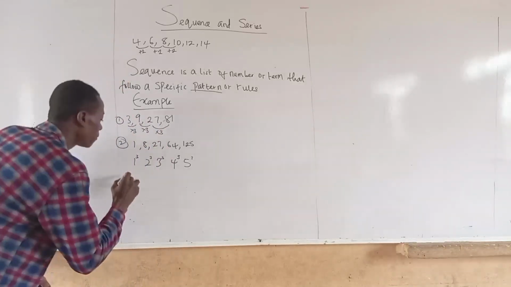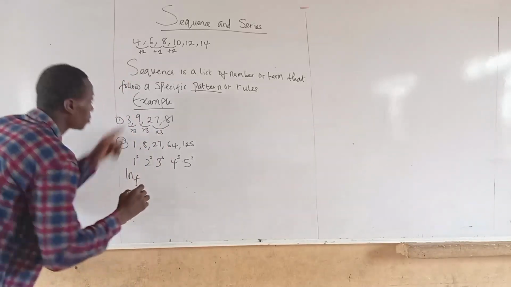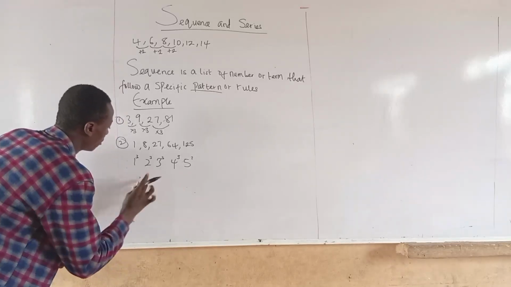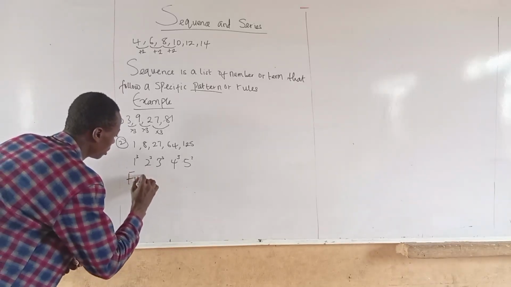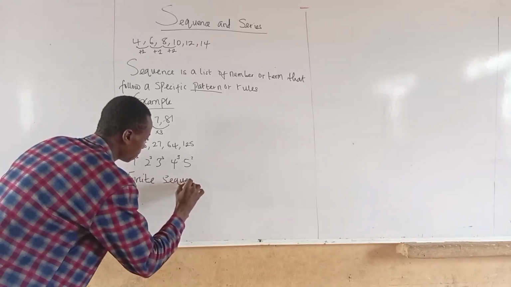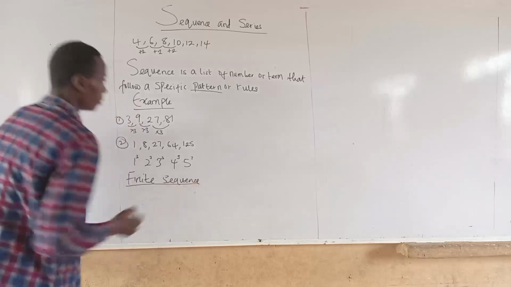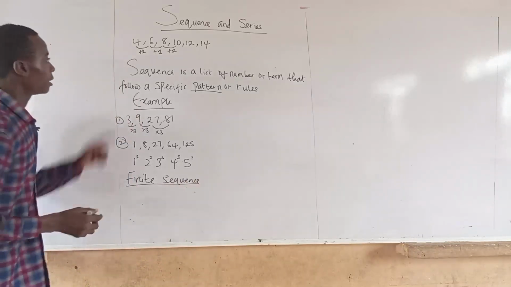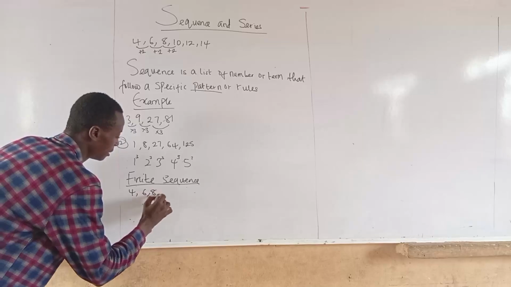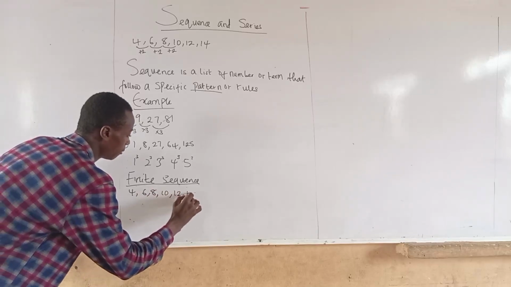Now a sequence can be finite or infinite. Let's say we have 4 again, 6, 8, 10, 12, then 14.